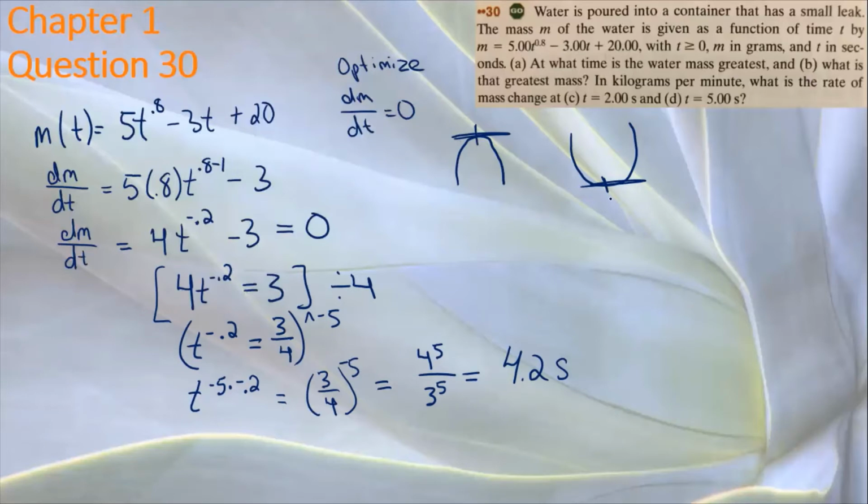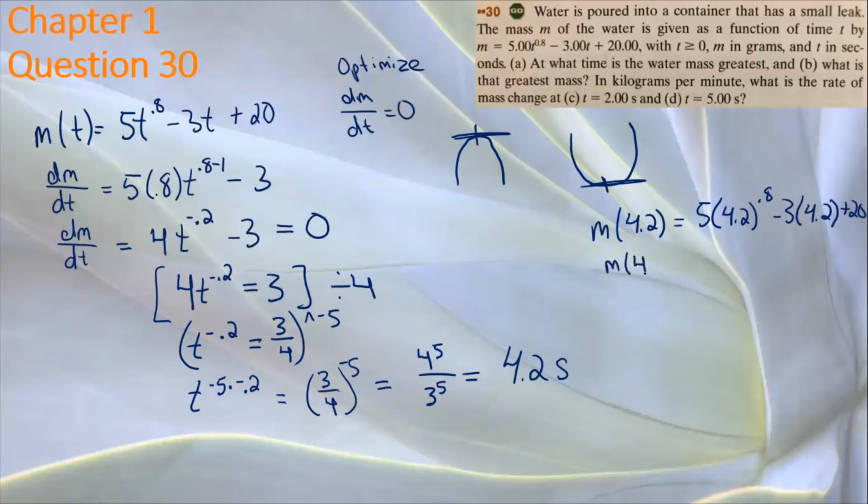So first we want to find the mass at 4.2 seconds, and we do this by plugging in t of 4.2. So we have 5 times 4.2 to the 0.8 minus 3 times 4.2 plus 20.